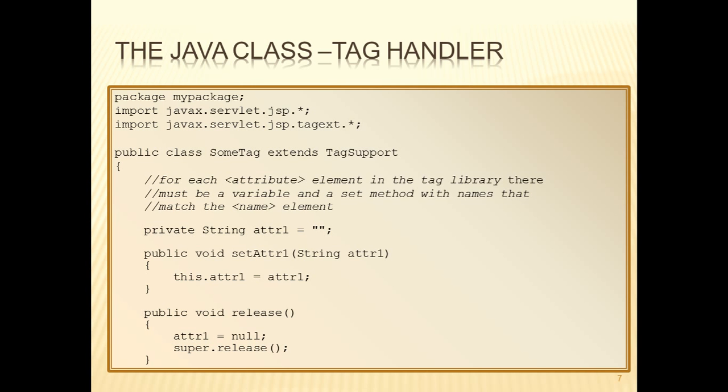And so now what we are going to look at is one example, a very skeletal example of a tag handler. As well as defining its package, we have to import these packages here. And then we name our class in the standard way, public class, and then some name, make it meaningful, of course, so that we can identify that this class is a handler for a specified tag.